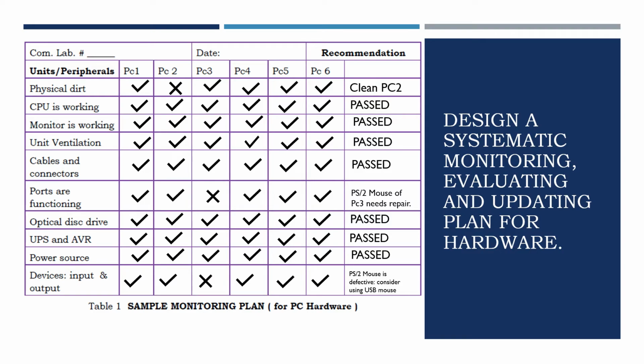Also notice on the row when ports are functioning, there is an X mark on PC3. There's also a recommendation there: PS2 mouse of PC3 needs repair. And lastly, on the last row, devices input and output, there is an X mark on PC3. The recommendation is PS2 mouse is ineffective. Consider using USB mouse. Now, this is just a sample.